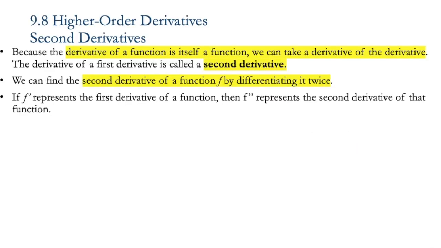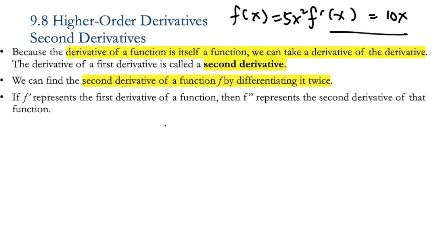we move to the last bit of the derivative. We move to higher order derivatives. Higher order derivative means after you get, let's say you have primary function f(x), you differentiate it, you get f prime x, isn't it? Let's say this one is 5x squared, you differentiate it, it becomes 10x. Now, you can also differentiate this and it becomes f double prime x.